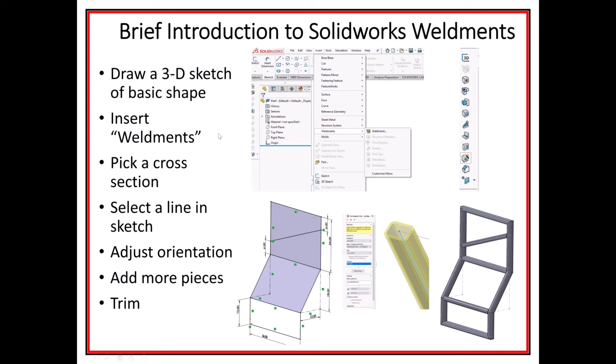So I'm going to introduce quickly this thing called Weldments. It's a feature in SolidWorks, and it's very useful when you want to make a structure, and it's like a shortcut for making structures. There's a downside.